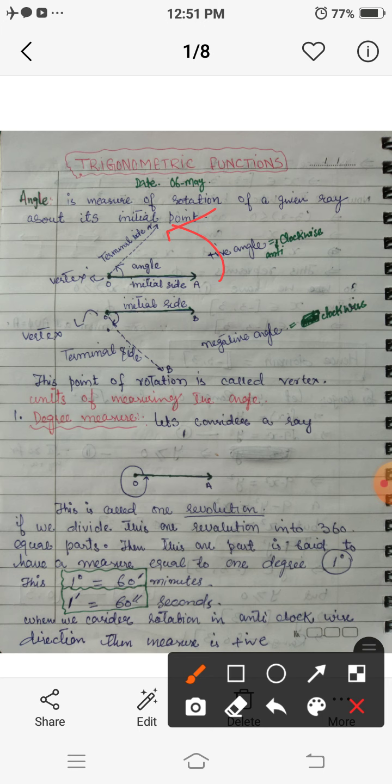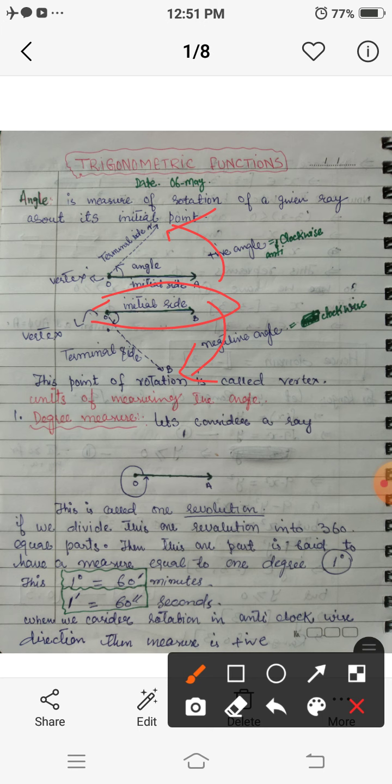Now we have two directions, one positive, second negative. Usually this anti-clockwise direction is taken to be the positive angle, or the measure of this angle is said to be the positive measure. Similarly, if we rotate this initial arm, that is the initial ray, about its initial point through clockwise direction, that is, we give rotation from this to this side, we get the angle.